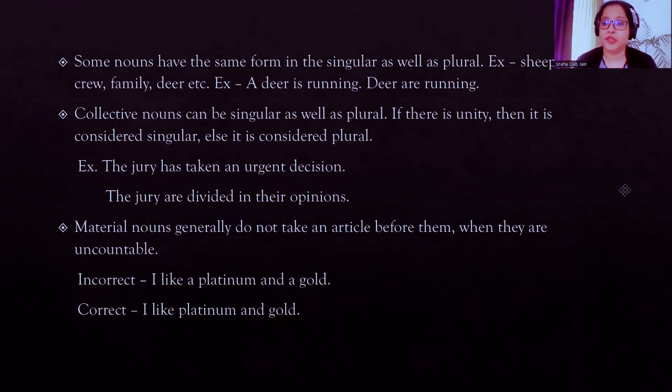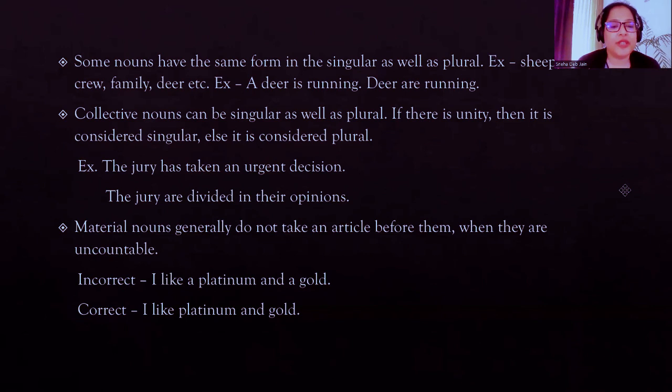So, for example, "The jury has taken an urgent decision." We are imagining or conceptualizing the jury as one single unit. However, if I say, "The jury are divided in their opinions," we are talking about the different members of the jury. So we use are.